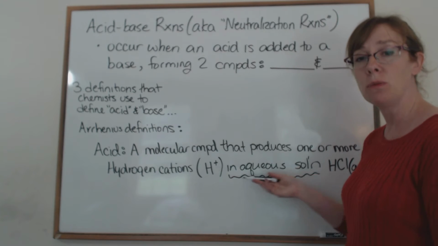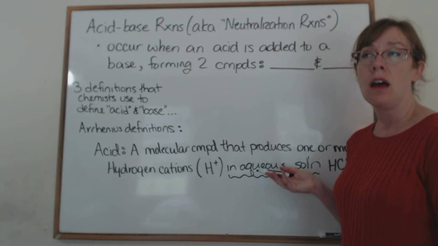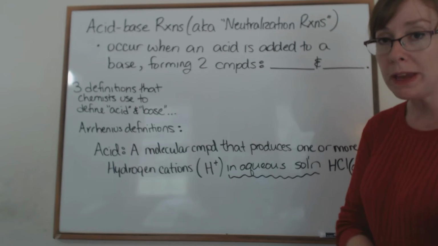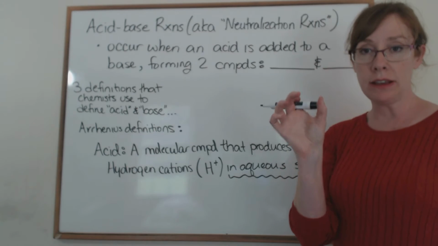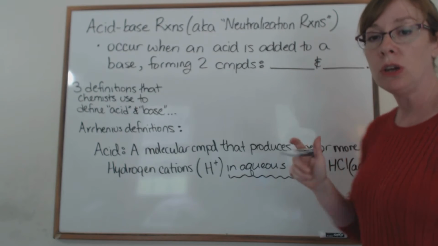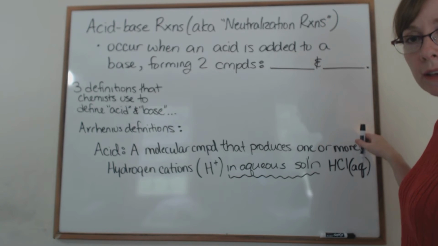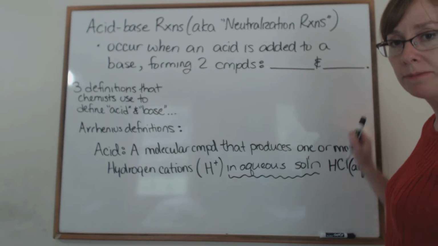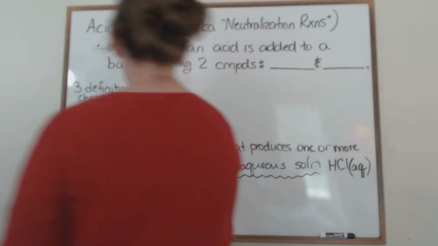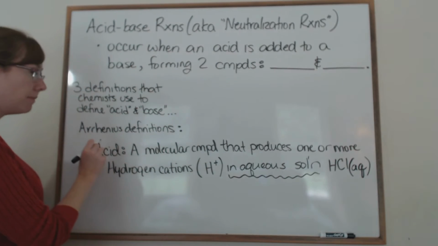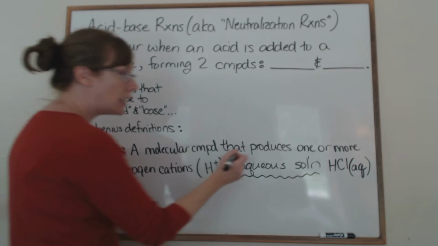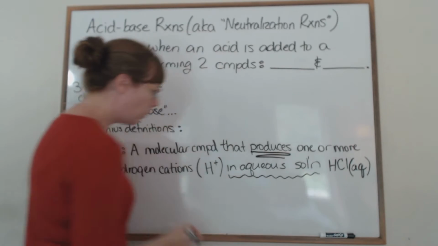Because if it's not dissolved in water, it's not going to be the acid. So from here on out, anytime you have an acid, by default, you will always write aqueous as its phase label, without exception.